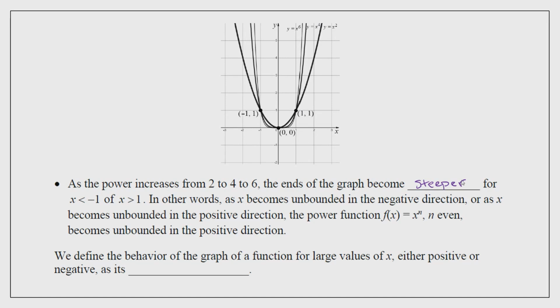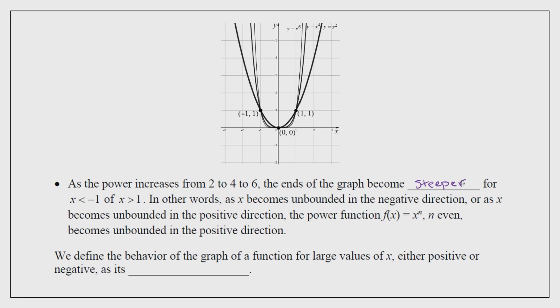In other words, as x becomes unbounded in the negative direction, or as x becomes unbounded in the positive direction, the power function f of x equals x to the power n, when n is even, becomes unbounded in the positive direction.